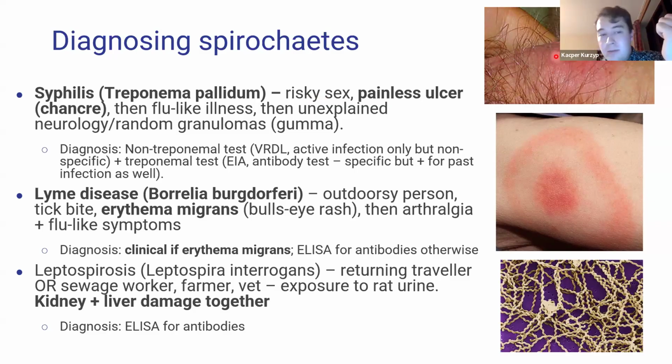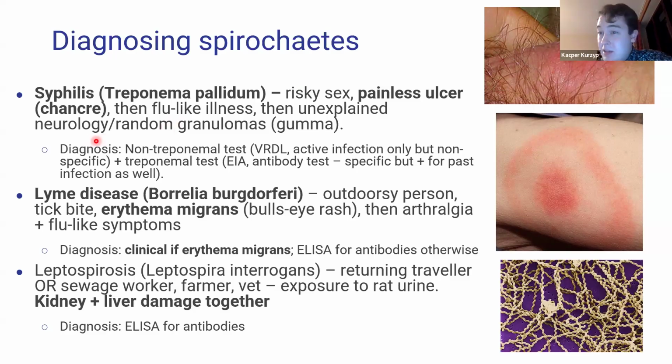This heals by itself. Then the secondary syphilis, the flu-like illness, potentially with a rash. But again, it resolves on its own, so the patient thinks they are fine. And then tertiary syphilis, when it spreads and causes either unexplained neurology, known as neurosyphilis, or random granulomas across the body, known as gummas.